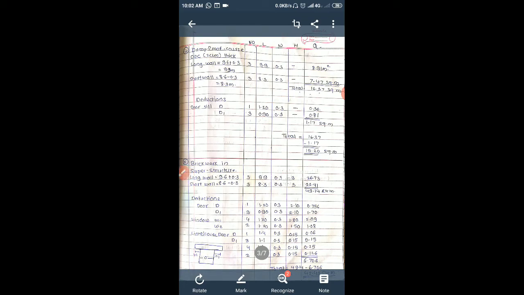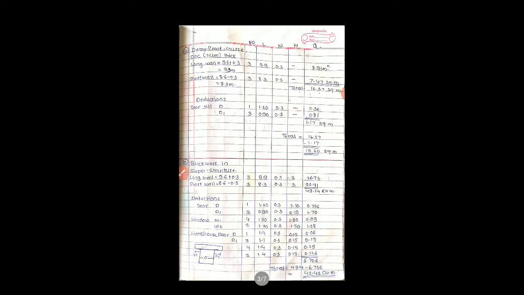Likewise, we will consider this deduction for doors and windows, and then calculate the quantity of deduction for doors and windows. The next thing is the lintel. What is a lintel? A lintel is provided above the doors and windows to protect from rainfall and excessive sun.